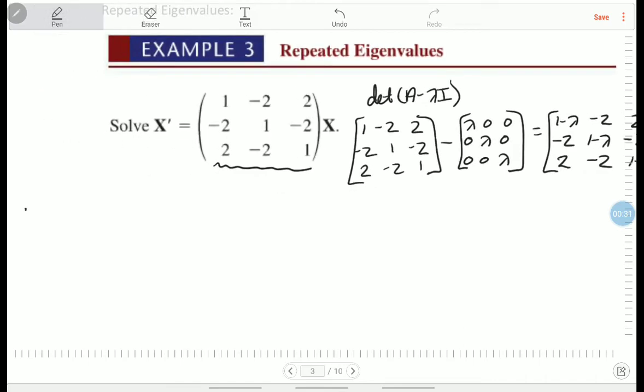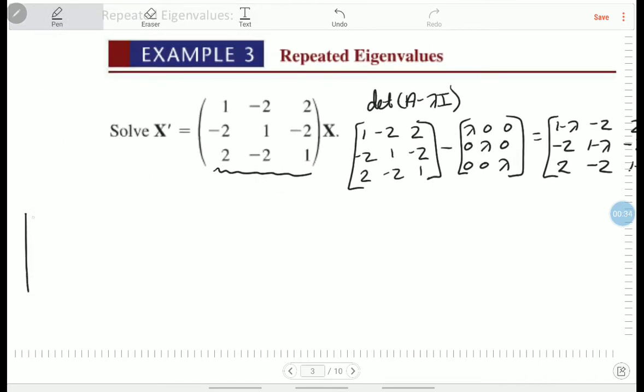So to find the determinant, I'm going to recopy the first two columns. Three solutions, so hopefully we're going to end up with three eigenvalues.